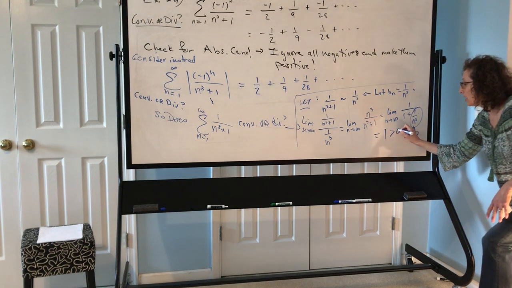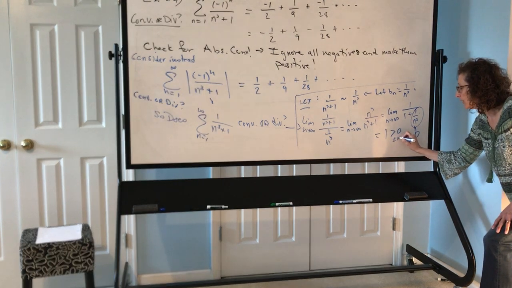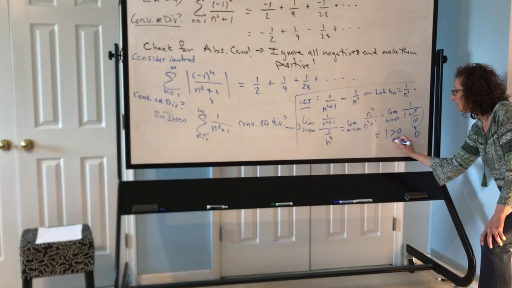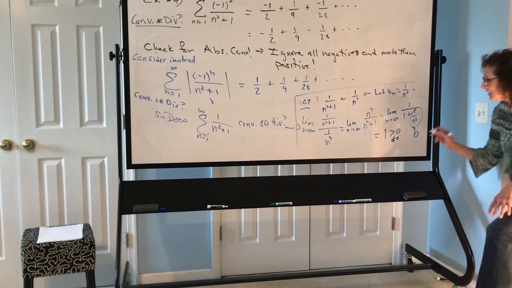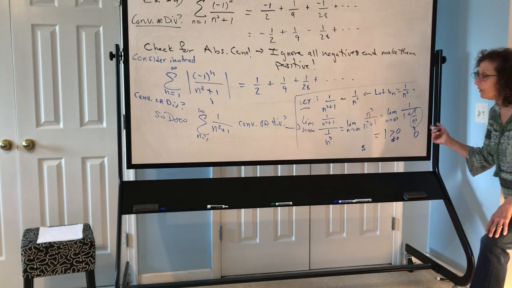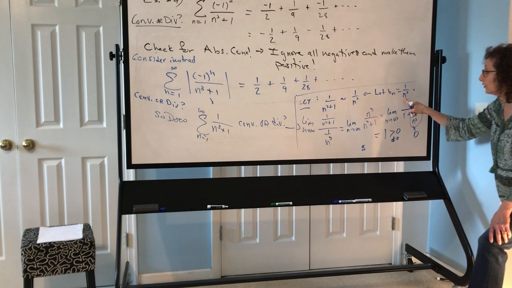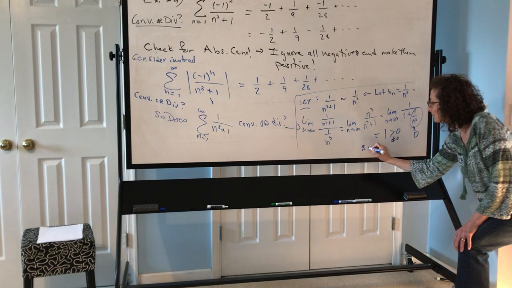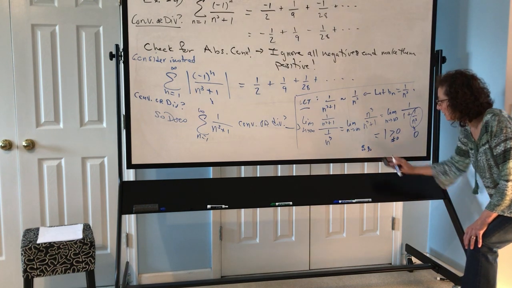I care that this is positive, or not 0, either one. As long as you say that, you show that you understand the limit comparison test. And therefore I know both series converge, because I compared with the convergent p series. Therefore, both series converge.